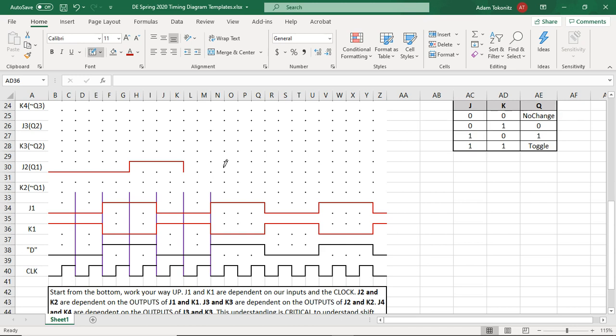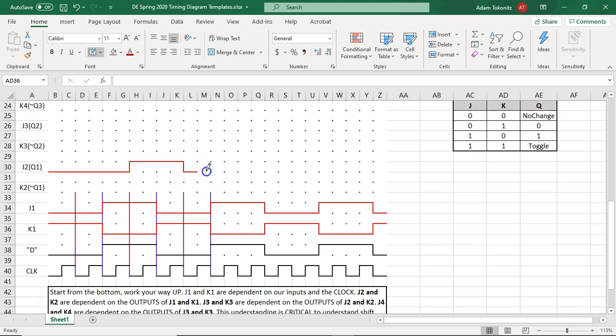If it is transitioning from 1 to 0 or from 0 to 1, I'm going to use whatever value it started with. So here, J is 0. At this clock trigger, it's transitioning from 0 to 1, but it's still 0. So that means Q1 is still 0. Here, it transitioned already. It became 0 earlier. Here it is 0. So that means that Q1 becomes 0.